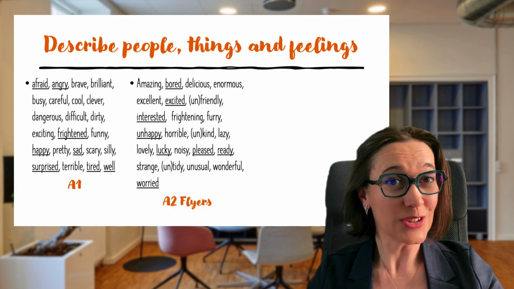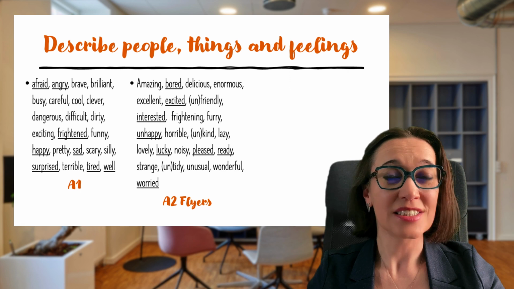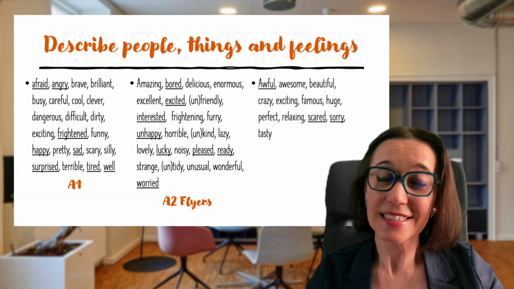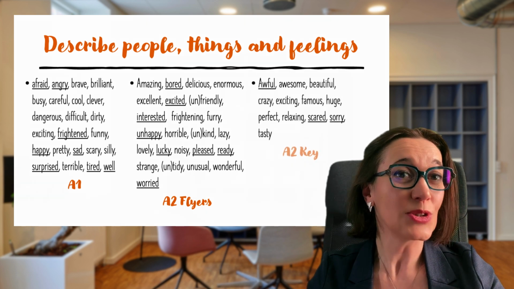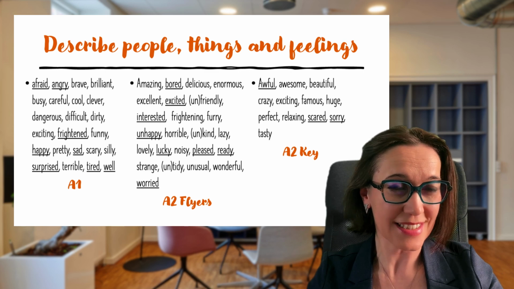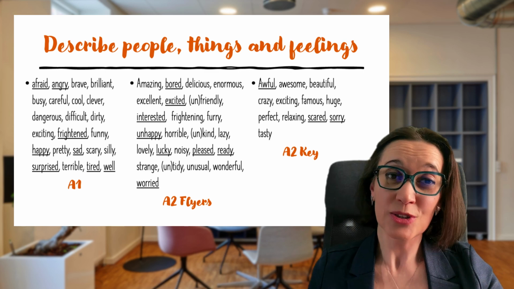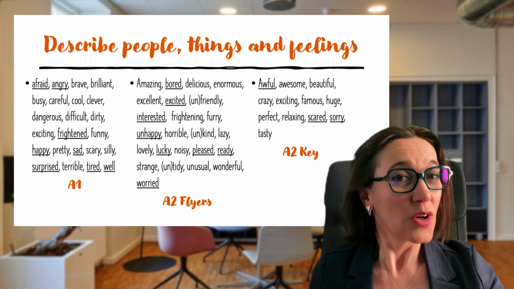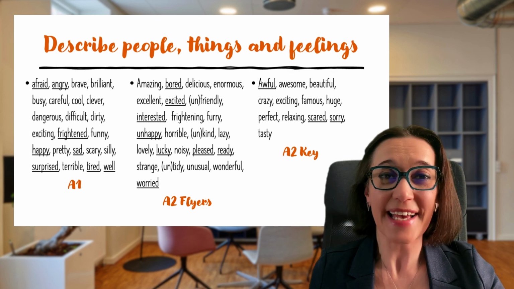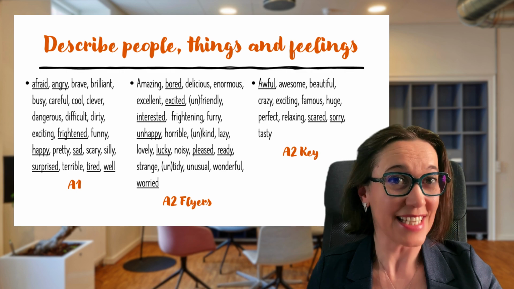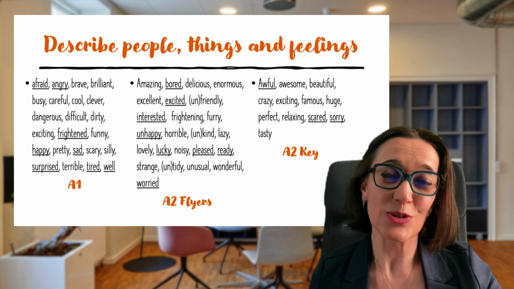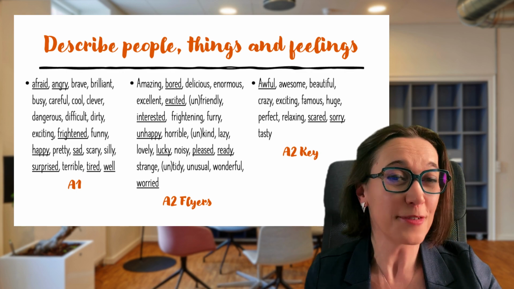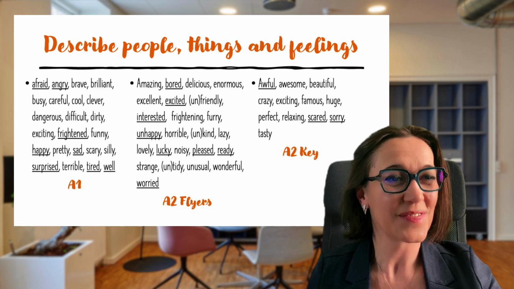And the third group has got great adjectives taken from the A2 Key level word list. What I'm going to do right now is read those adjectives that you can use to describe the characters' feelings. It's a must, remember, to describe how the characters are feeling in the pictures.